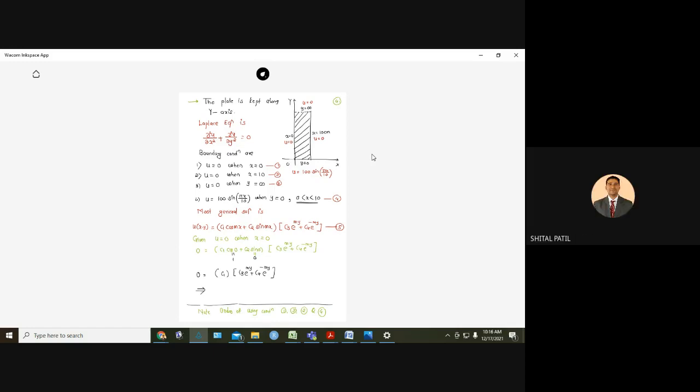C1 is equal to 0. C1 is equal to 0. Yes, correct. Who is 0? C1.